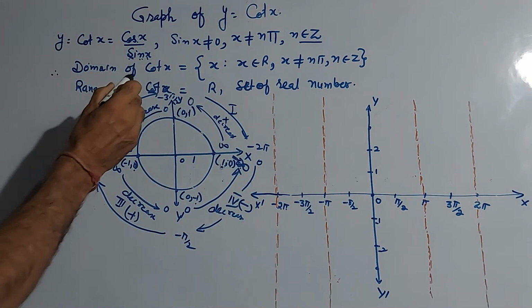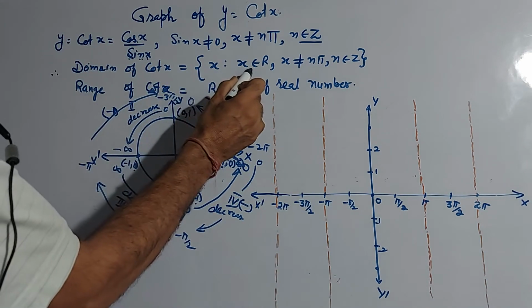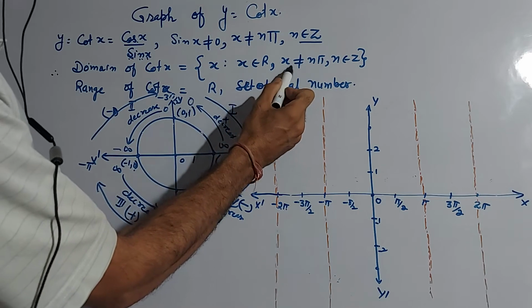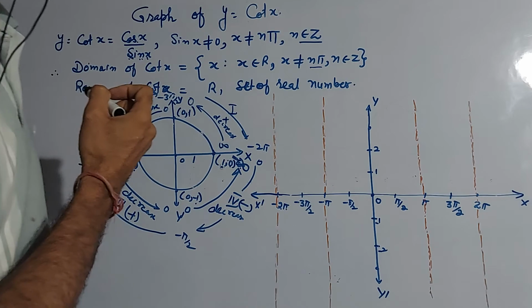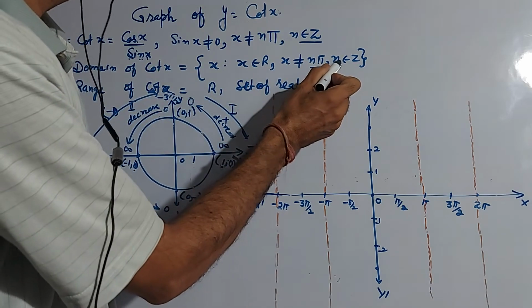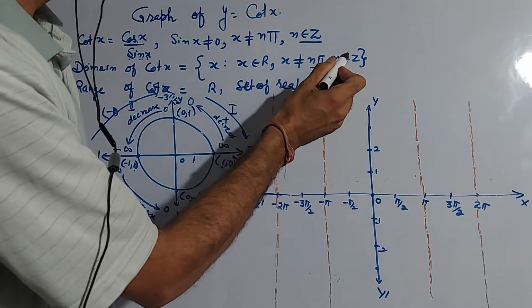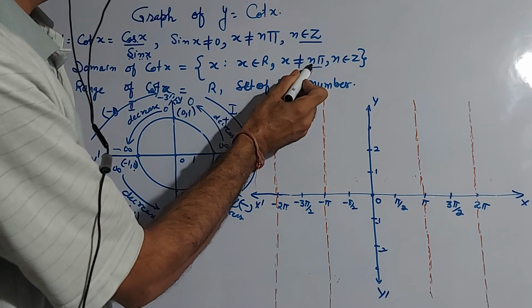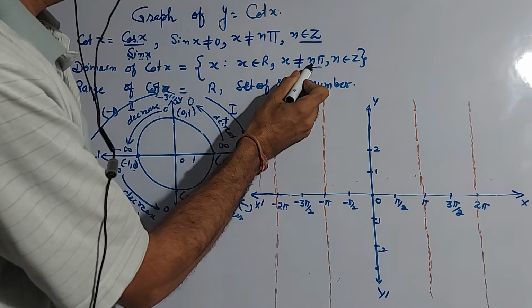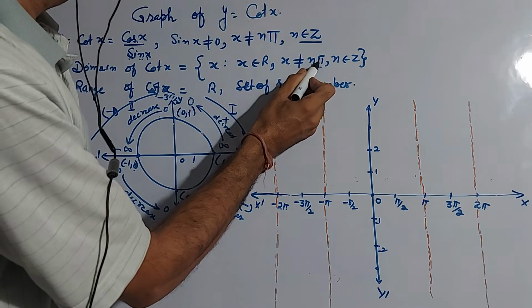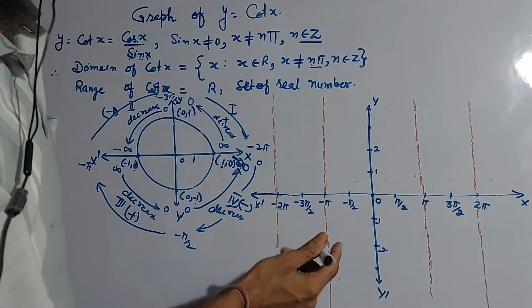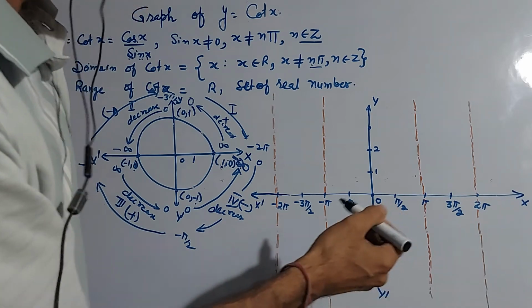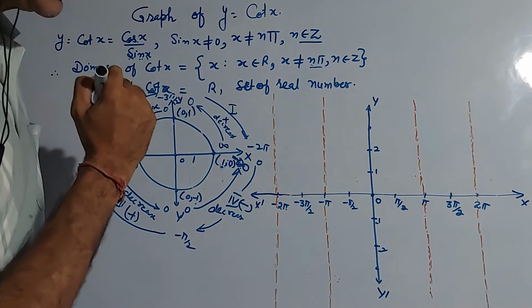Now see, in the domain of cot x, x belongs to the real numbers, and x is not equal to an integral multiple of pi, where n is an integer, 0, plus minus 1. So at 0 radian, 1 pi radian, 2 pi radian, 3 pi radian, and so on, cot x is not defined.